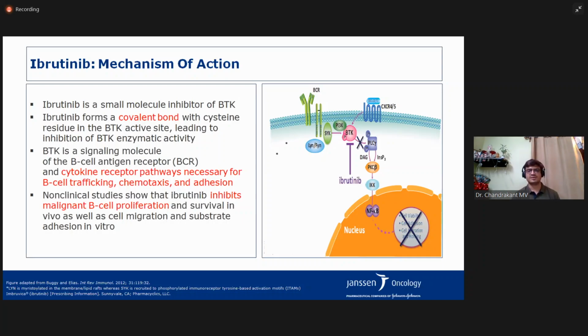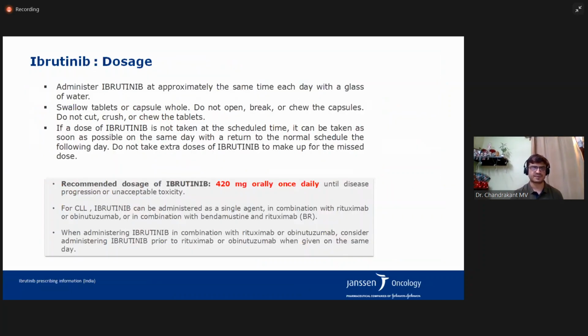It also prevents malignant B cell proliferation. Probably because of less adhesiveness and less chemotaxis, all the abnormal B cells in the lymph nodes and spleen start coming to the peripheral blood for the initial 2 to 4 months, and then the multiplication is taken care of, and they slowly die off.